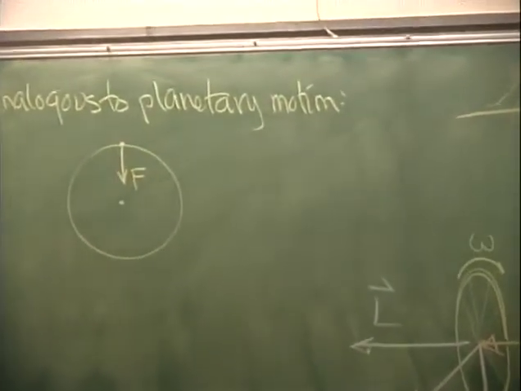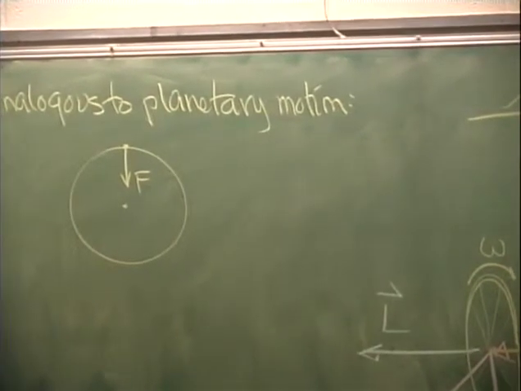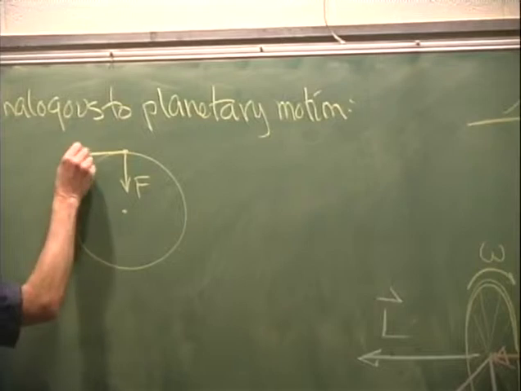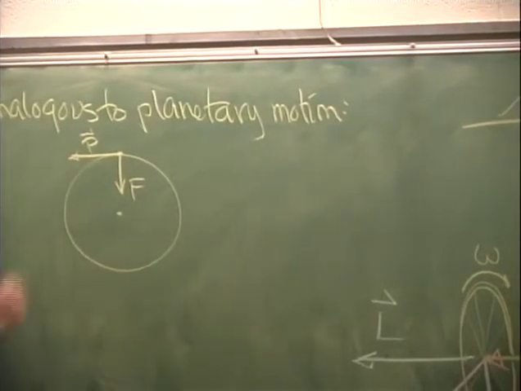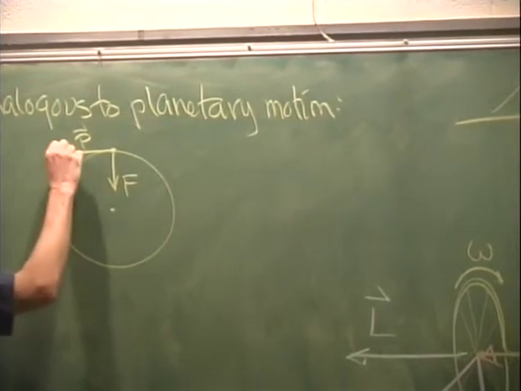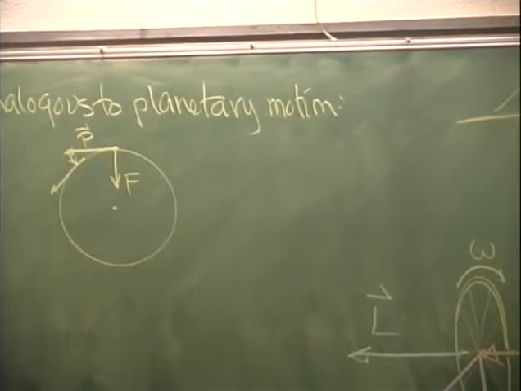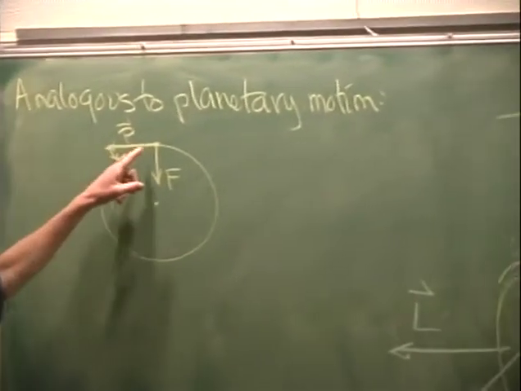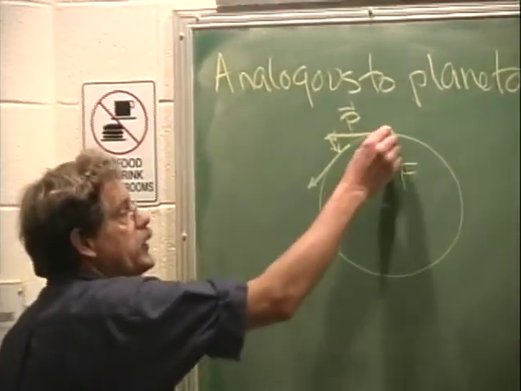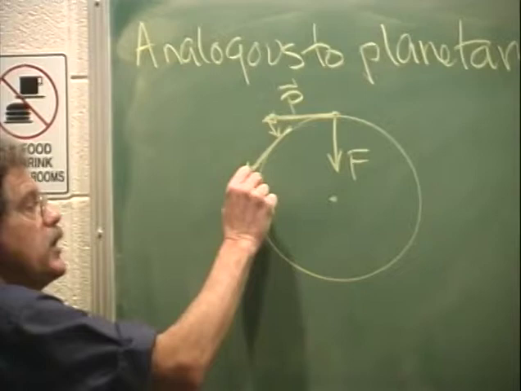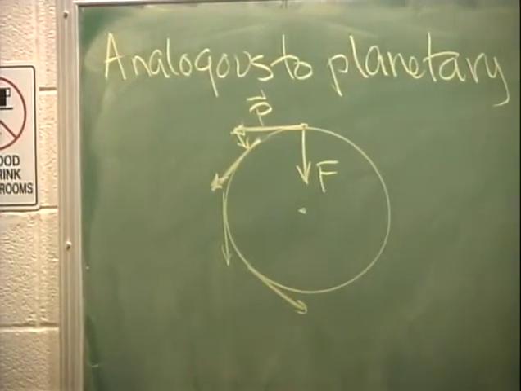How come the planet doesn't fall in toward the center? Well, it would, except that it happens already to be moving. It's got some momentum along like this. So the change in momentum between one instant and the next really is in toward the center. But that doesn't have the effect of making the planet fall toward the center. It has the effect, since it was already moving like this, of changing the direction of its motion, of pulling it around in circular motion.